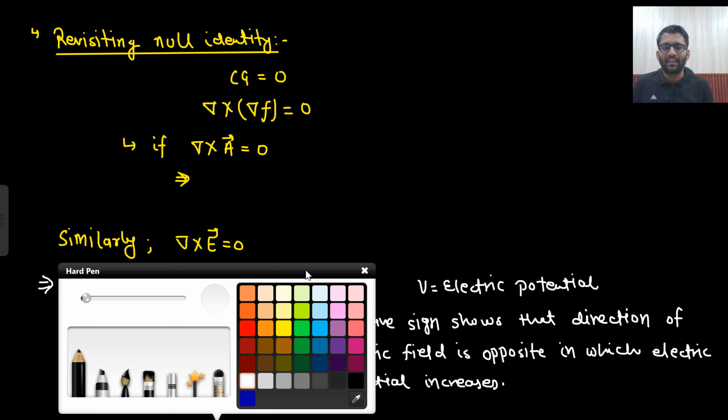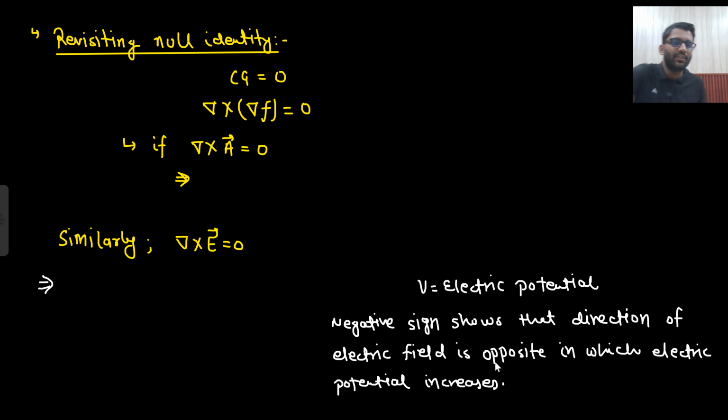So what we know is that the curl of a gradient is 0. That means del cross del f is equal to 0. So what does that mean? That if the curl of any vector A is 0, that means that vector can be written as the gradient of some other scalar field f.